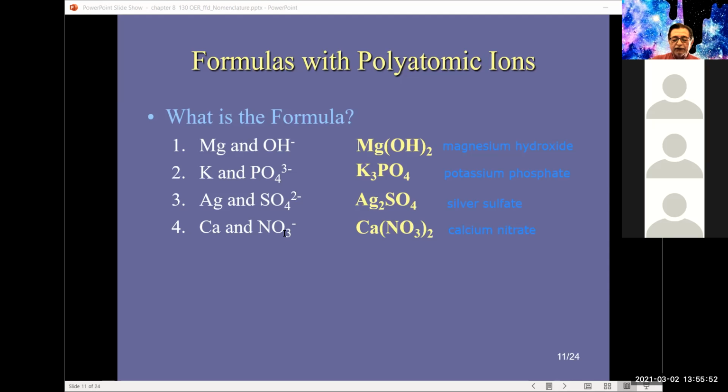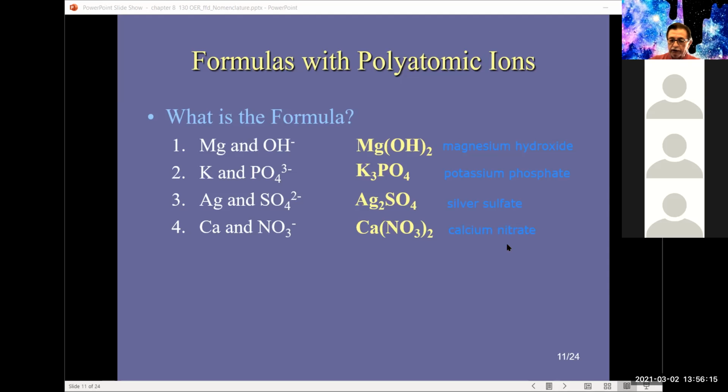Be careful. Sometimes you'll see that they put in NO2, which is the nitrite. If they use NO2 negative, then this would be calcium nitrite. If they would have put SO3 -2, that would have been the sulfite, okay? All right.